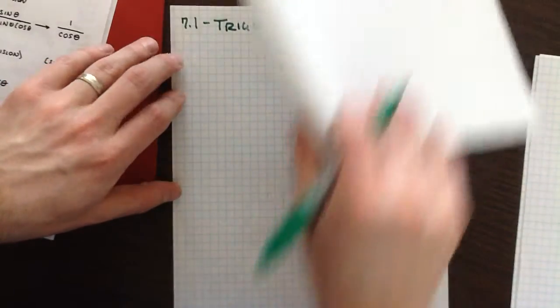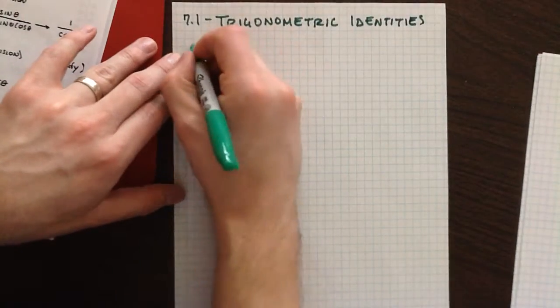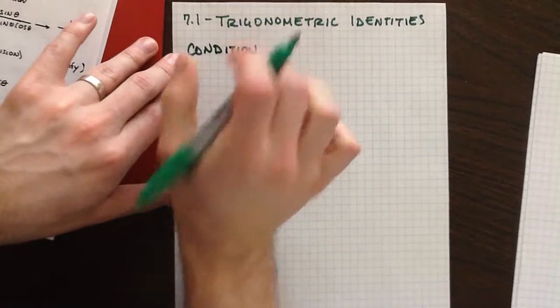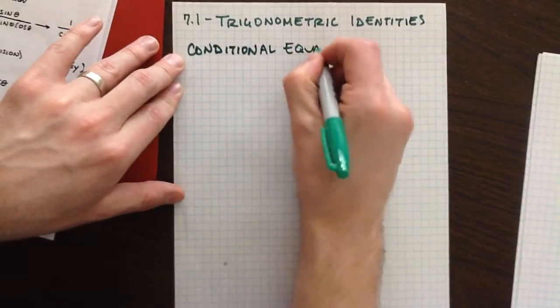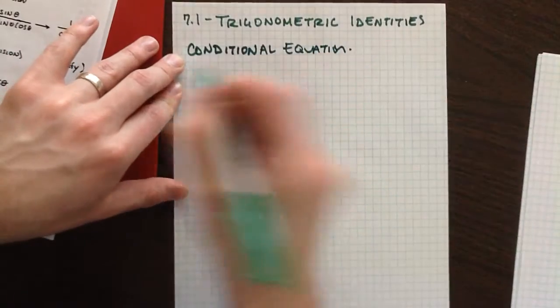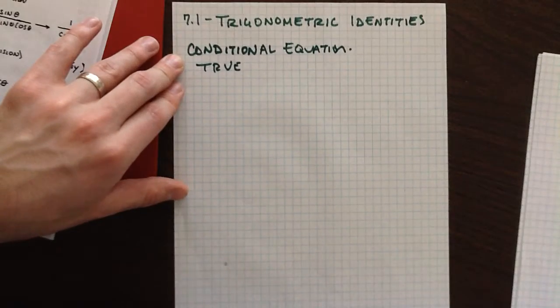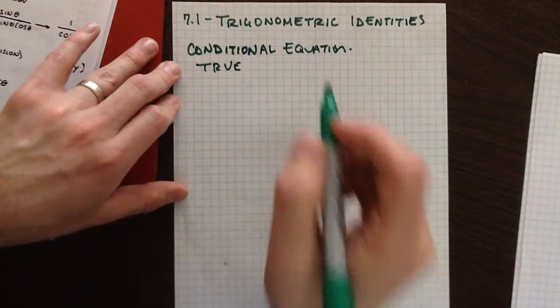That very first equation we had is an example of something called a conditional equation. It's true for set values of the variable.